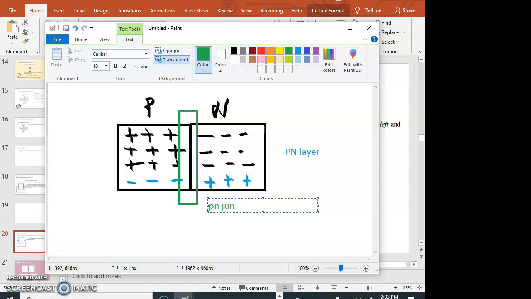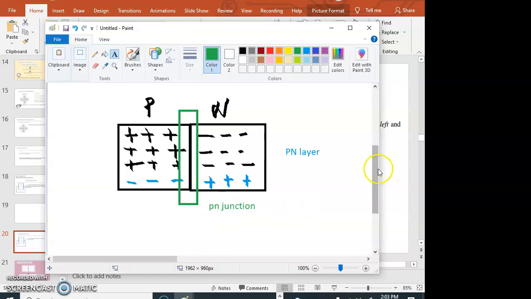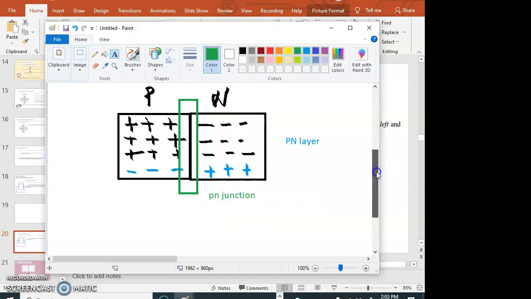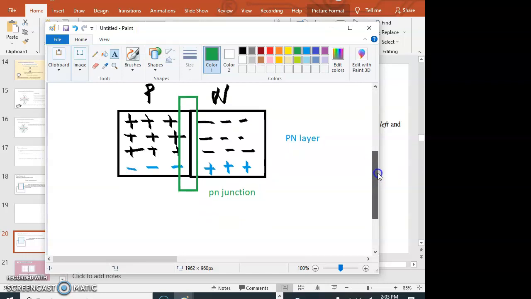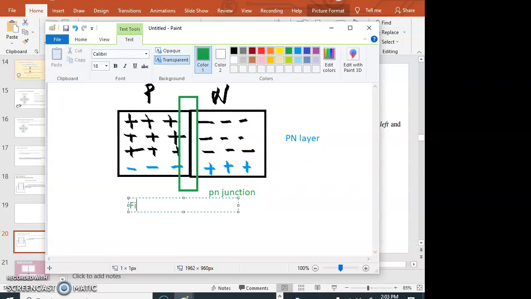Now, this is actually the physical layer of a diode. So the figure above, I'll say this is now your figure 1. Figure 1 is the physical structure of a diode.